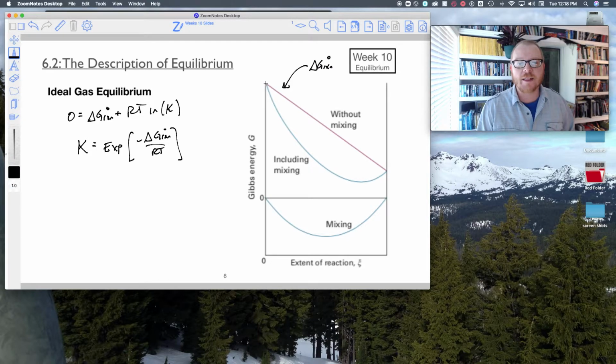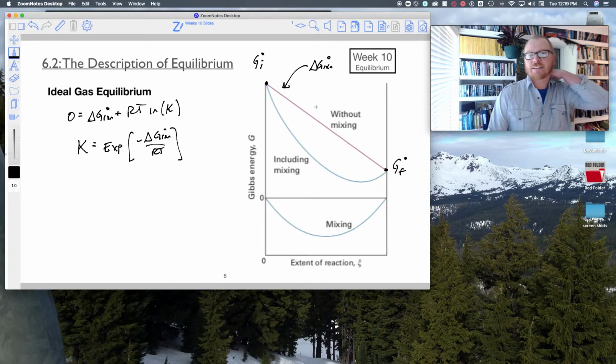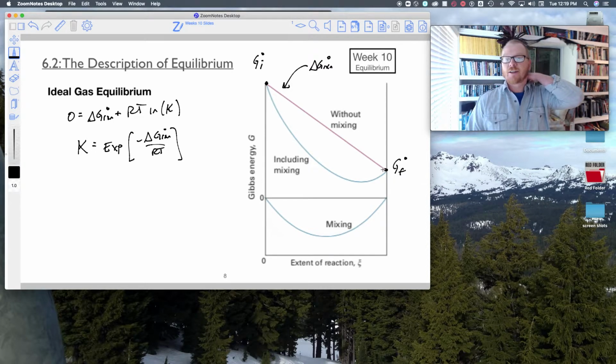At this point right here, that's the initial free energy, the standard free energy of the reactants. And this point right here, that's the standard free energy of the products. So you can see this gives us a spontaneous reaction, spontaneous going that way.